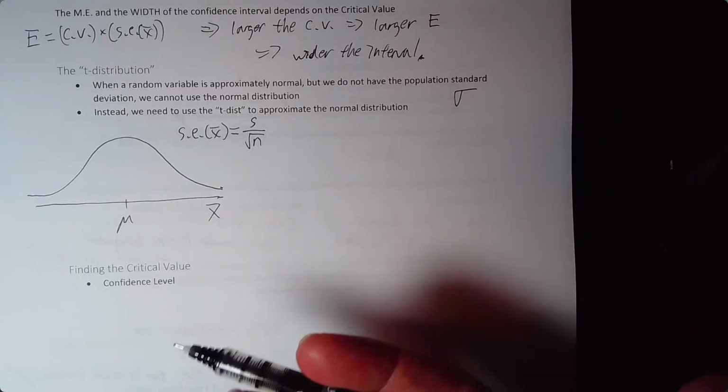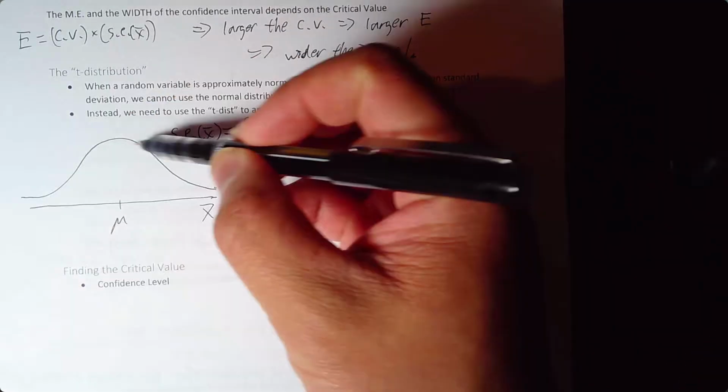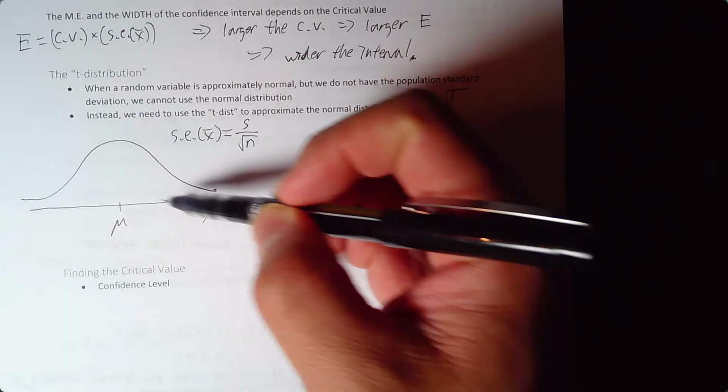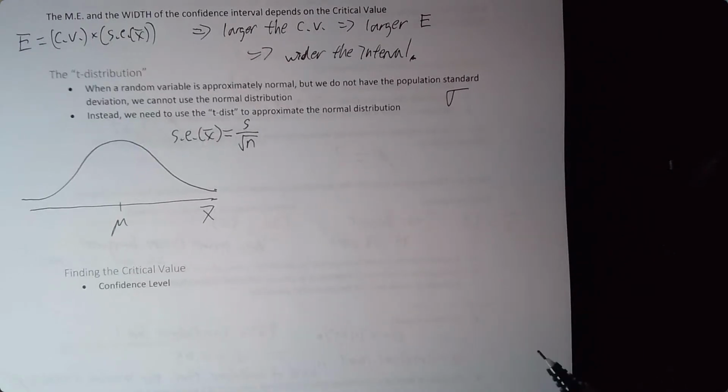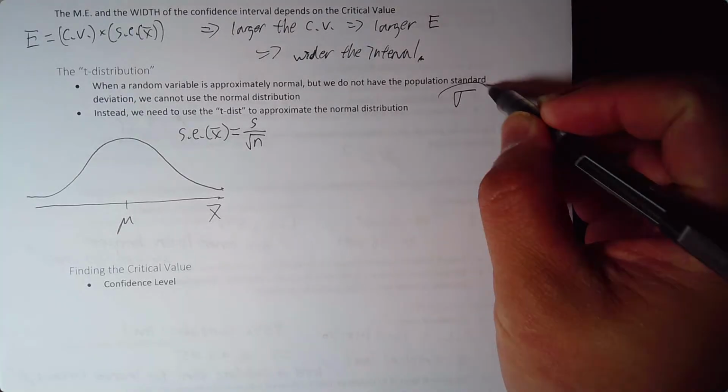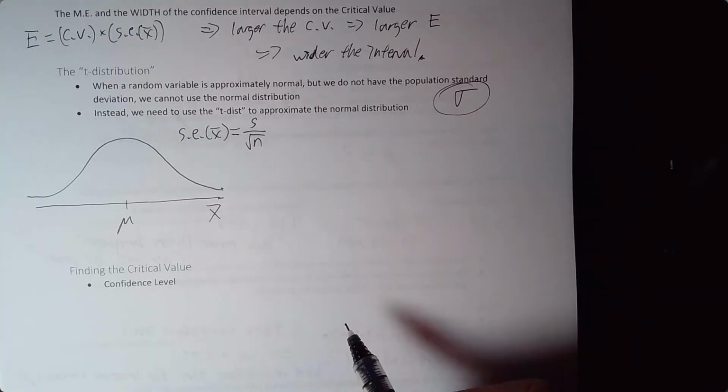It is a bell-shaped curve, it has two tails, it is symmetric. So nothing much has changed. It's just a different distribution, and we just have to be aware that when we don't have sigma, we will have to use a t distribution.